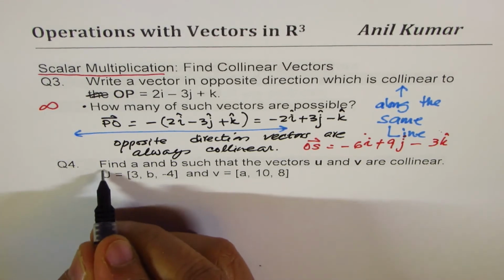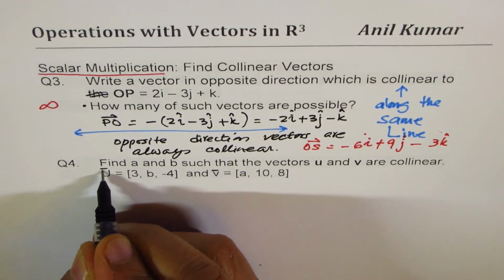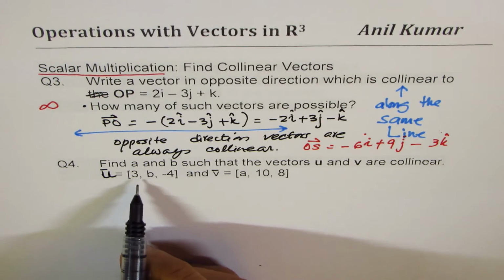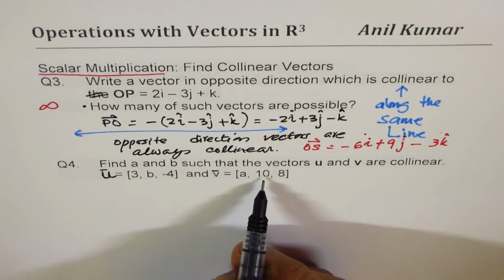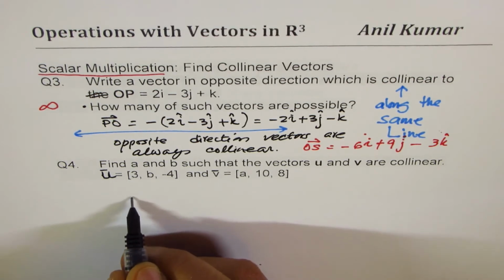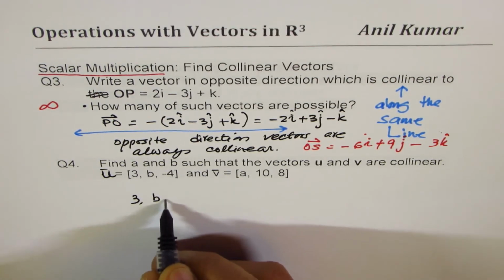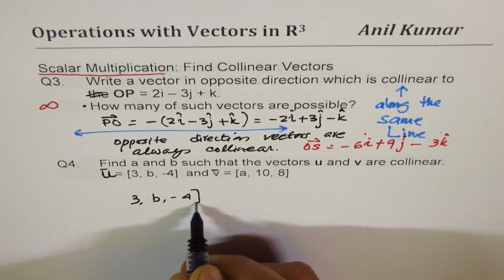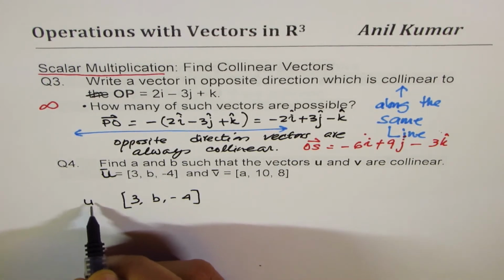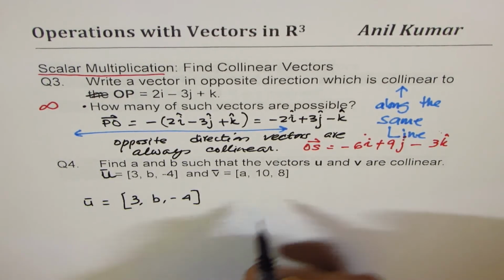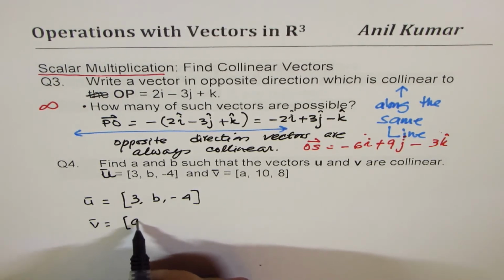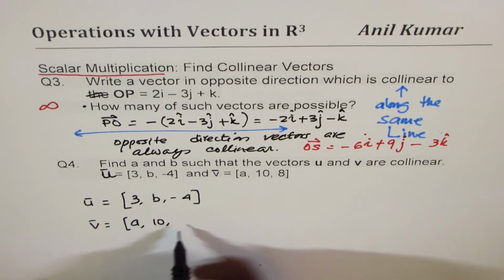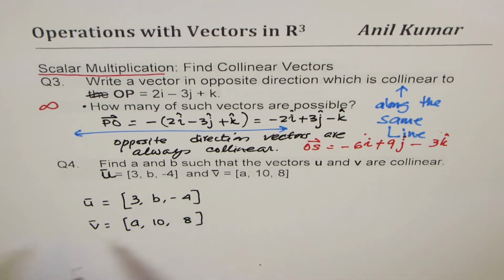So we are given vectors u and v. Let me make it lowercase u. u is (3, b, -4) and v is (a, 10, 8). So let's write down: we have 3, b, minus 4 as the vector u, and here we have vector v as a, 10 and 8.